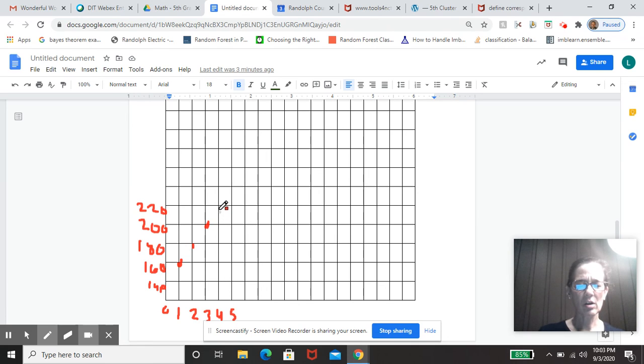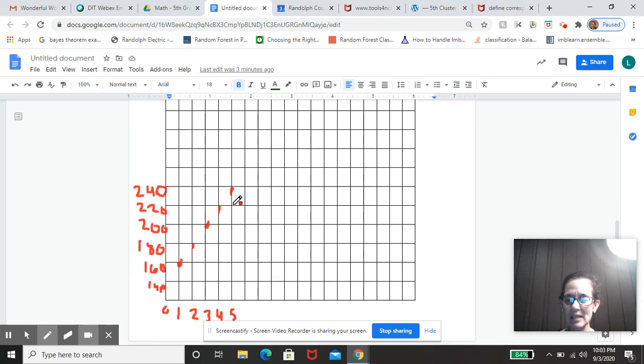Day 4 was 220. Day 5 was 240. Now, I think we can stop right there because it said to go 5 days. I will write my 240 right here, even though you know that's what it is. Okay, now, if you want to continue and finish out using your coordinate pairs and plotting, then you may.